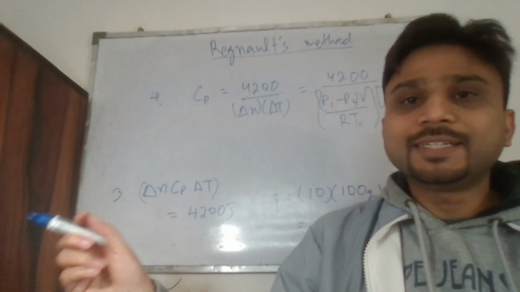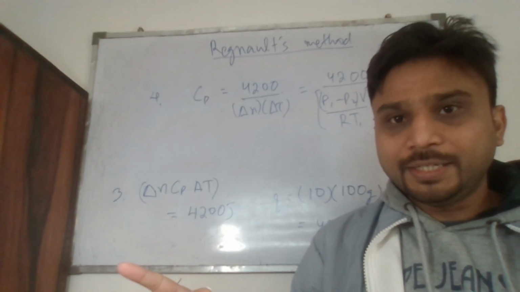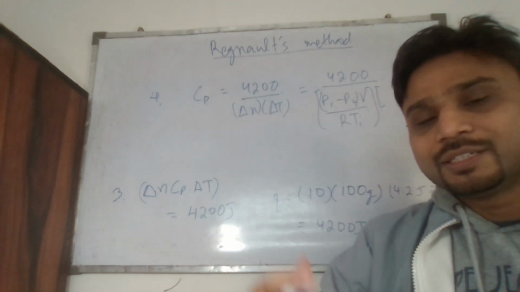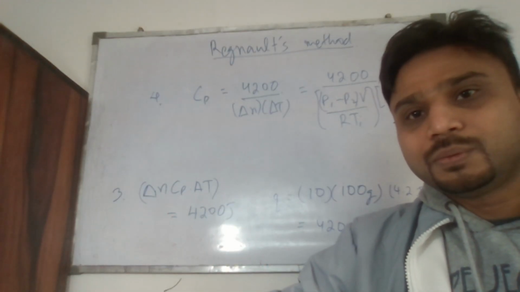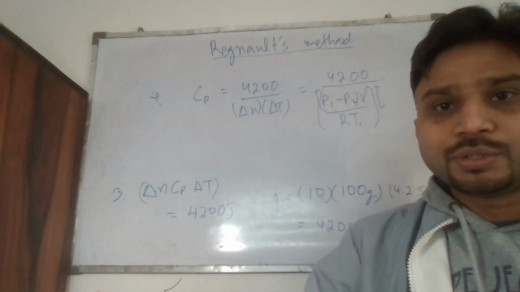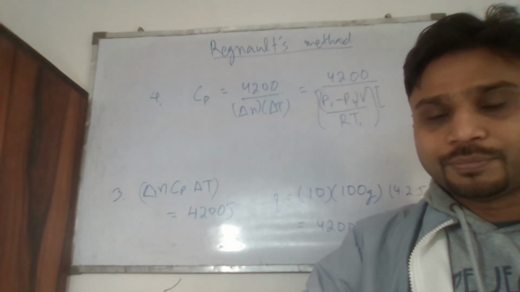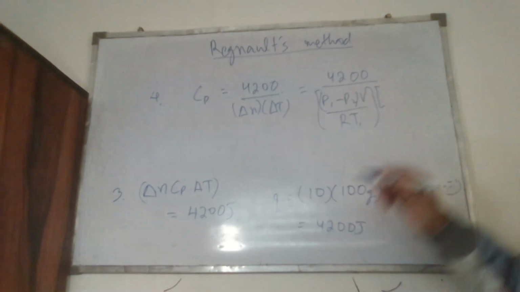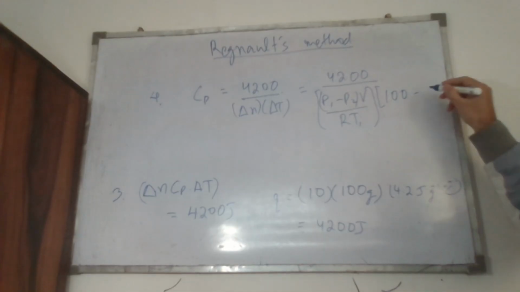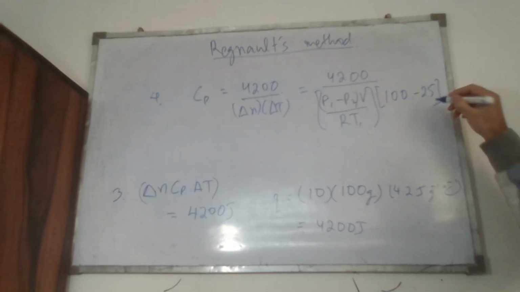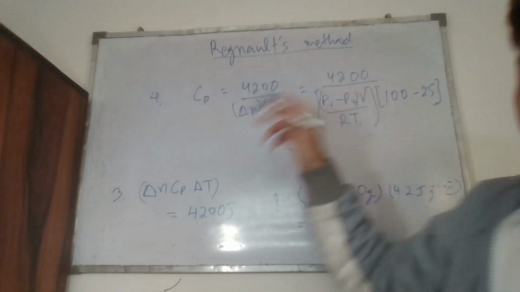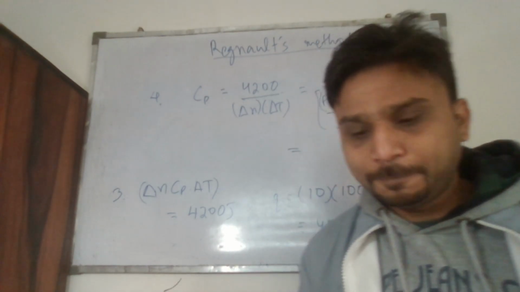We first heated that gas to 100 degrees Celsius. Then it came to the average temperature of the calorimeter. I hope that part is clear. After calculating this whole thing, you will get the answer.